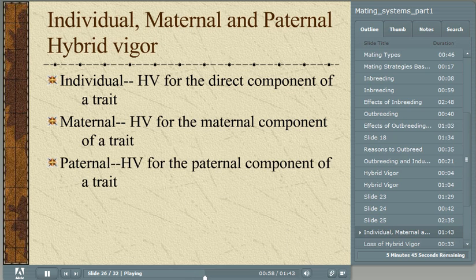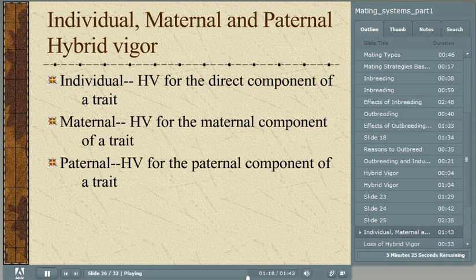And then the third, which we normally don't think a lot about in beef cattle or most of our livestock species, is paternal heterosis. There is some evidence that in beef cattle, crossbred bulls have the ability to service and produce pregnancies in greater numbers of cows than purebred bulls.